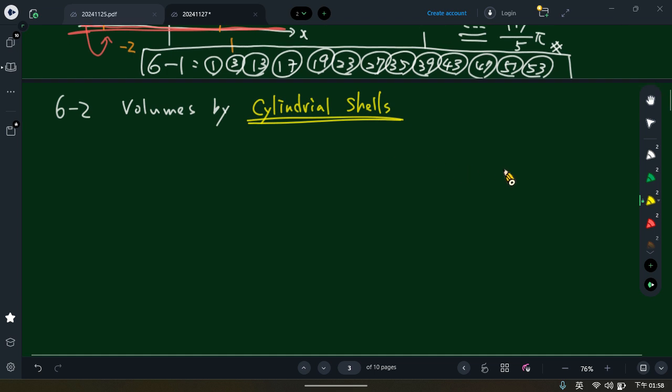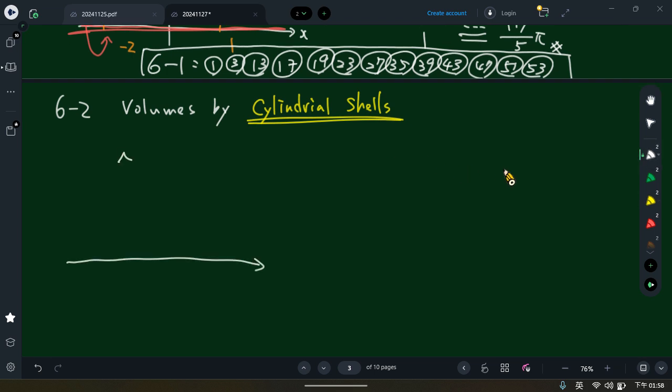So think about it. If this is x, this is y, and this is the so-called shell method.